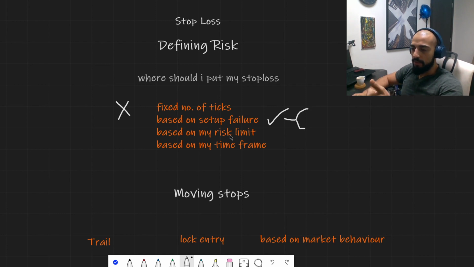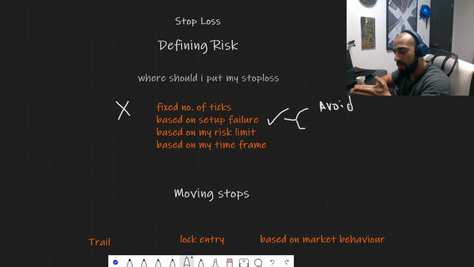If the setup is in your favor and within your risk parameter, you can take it. If the setup is not within your risk parameter, there are two things to do. Whether to avoid the trade, even though it's a good setup for you and tells you a lot about the market direction, but it doesn't suit the risk that you planned.